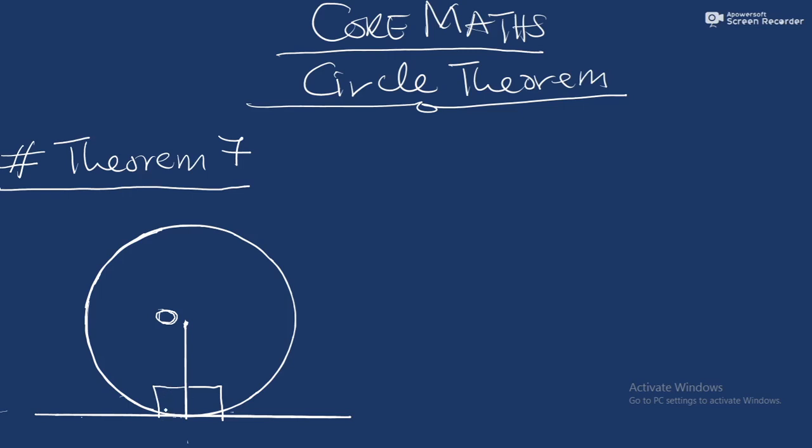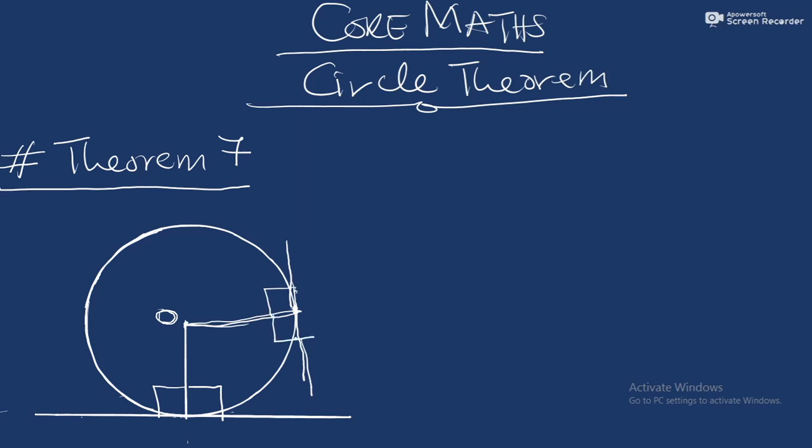Good. So the tangent can be anywhere. We can have a line touching this point. So if we draw this, it means that this angle here is 90.